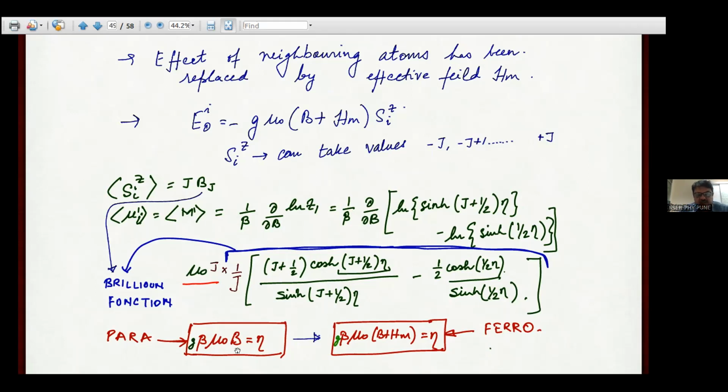So for the paramagnetic case, you had this formula, but now B is replaced by B plus Hm for the ferromagnetic case, where the origin of Hm is the interaction with its neighbors. So each spin sees an average magnetic field.